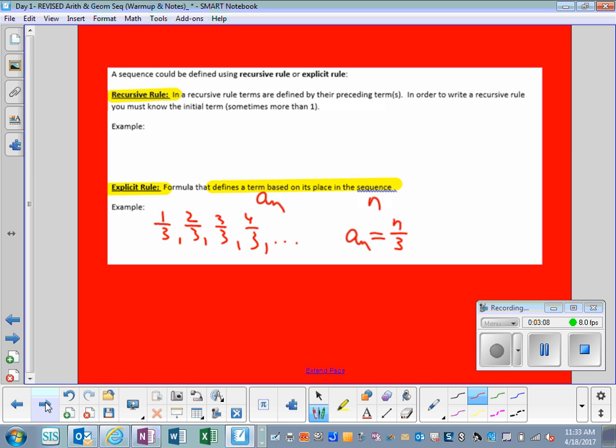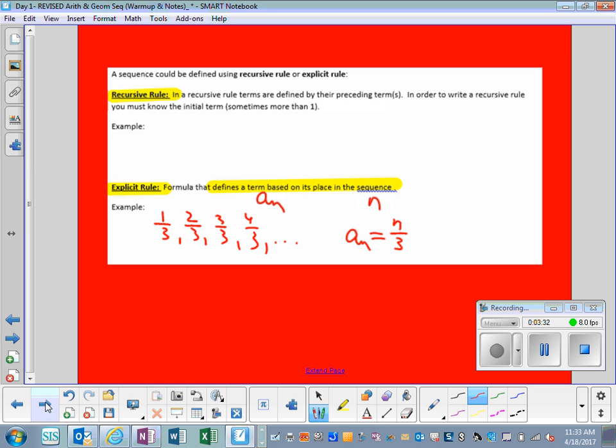Okay. So the sequence could also be defined with the recursive rule, and that is the rule that makes each term depend on the previous one or previous two or previous something. So in the recursive rule, terms are defined by their preceding terms.